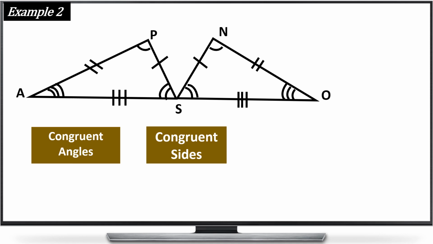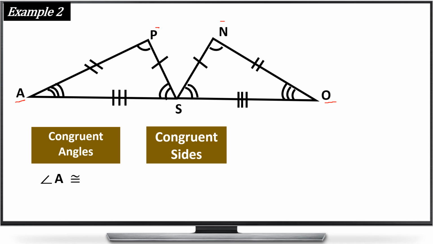So, we have here, in this case, yung vertex A, ang kanyang corresponding part ay yung vertex O kasi parehas po sila ng pwesto. Sila po yung patusok na bahagi. Then yung angle P or vertex P, ang kanilang kapartner is N. At yung S, kanyang kapartner is itself. Reflexive po yun.